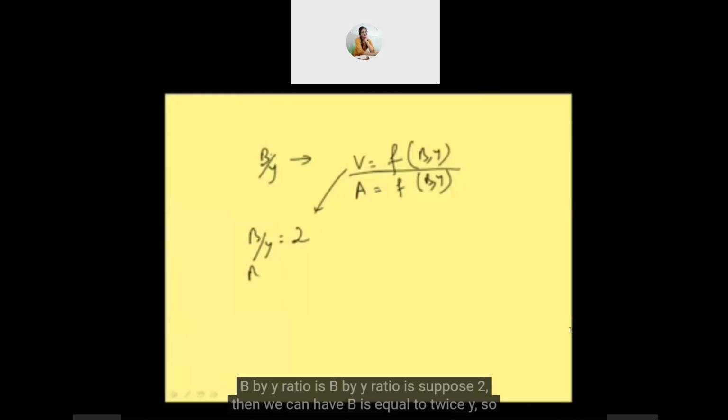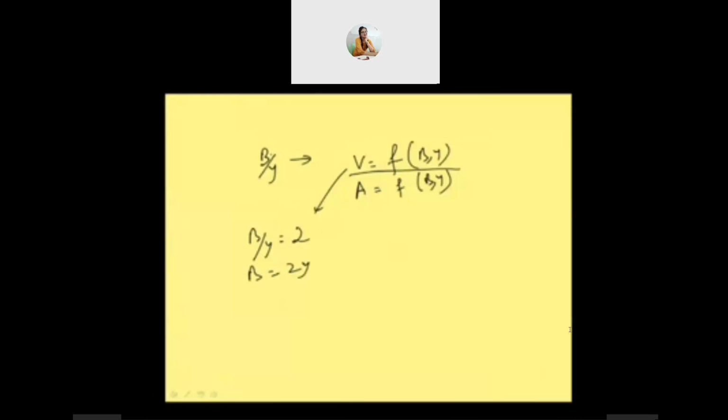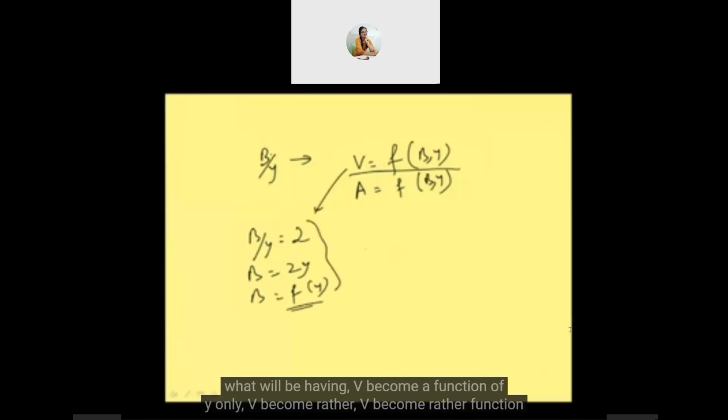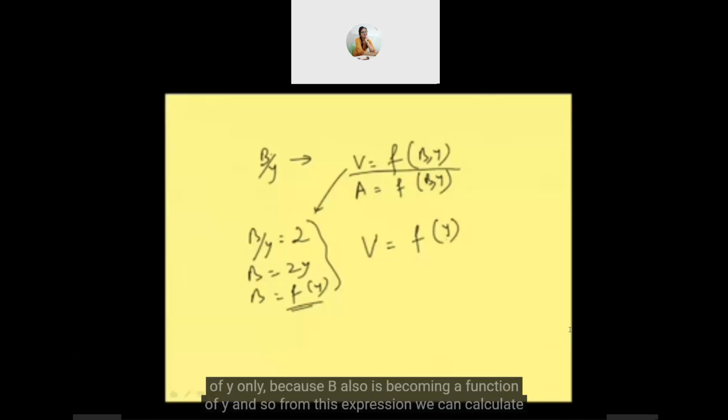Then we can have B equal to twice Y. So B itself becomes a function of Y. So V becomes a function of Y only, and from this expression we can calculate directly the depth.